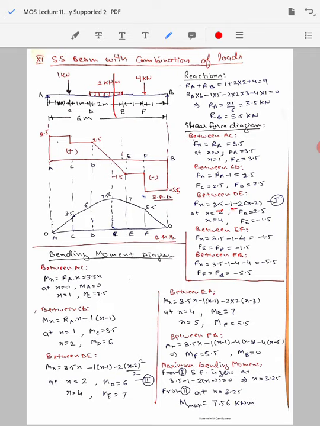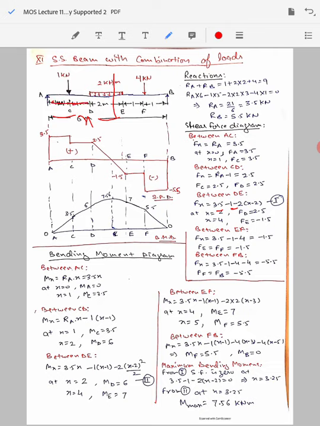Then we have uniformly distributed load of 2 kilonewton per meter for the distance which is acting here. So this distance will be equal to, if X is the distance of this cut section from the left hand side, the distance of the span over which this uniformly distributed load will be acting will be given by X minus 2 meter.